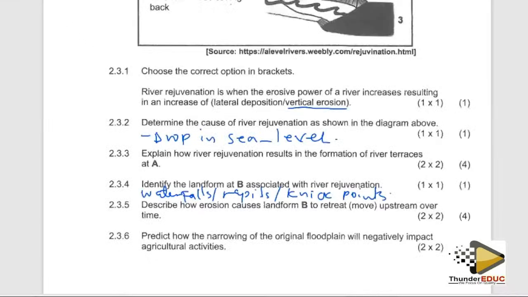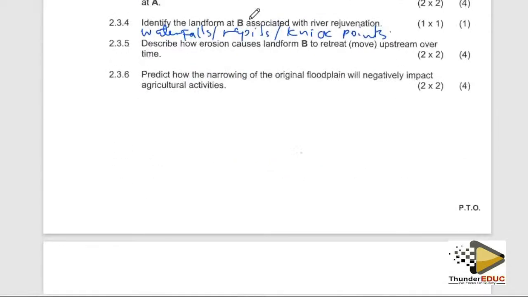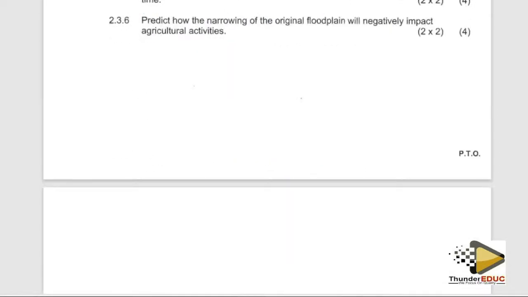The question says, describe how erosion causes landform B to move upstream over time. Okay, landform B, which is a waterfall, rapids, or knick points. Right.